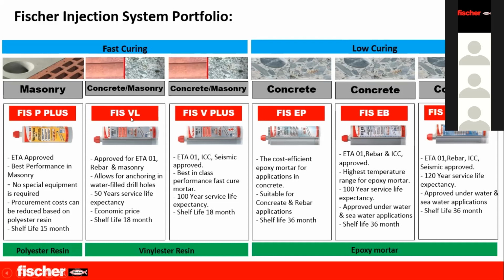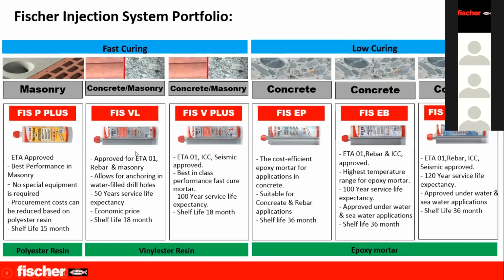If you want to reach a higher load than FISB Plus, you can go to FISBL. Also, you can fix this one in concrete and masonry. FISBL is ETA approved for concrete and masonry, and allows for anchoring in a water-filled drill hole. It has a 50-year service life expectancy, an economic price, and the shelf life is around 18 months.